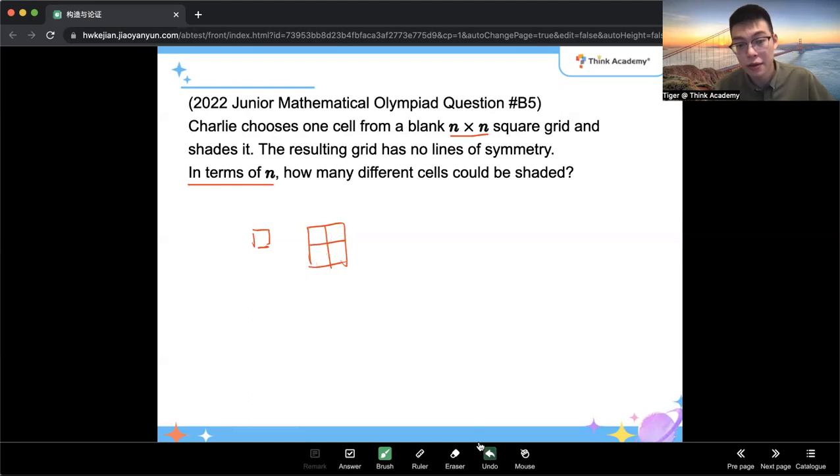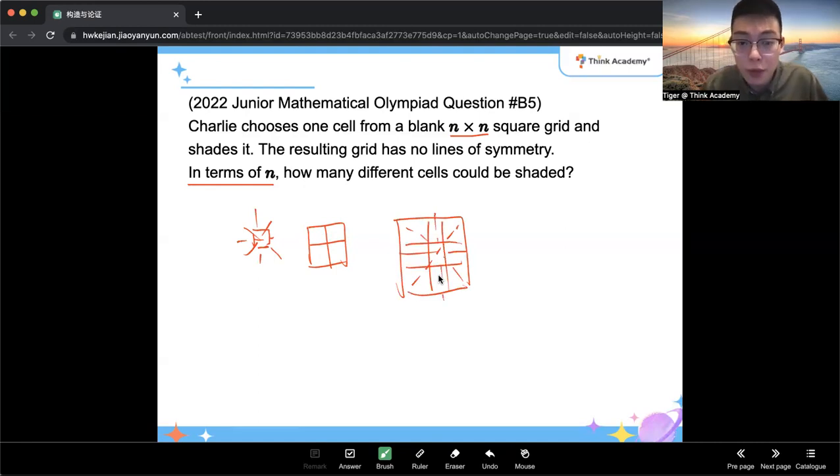If I shade this one, the same, it's just rotating it. So for the four of them, I can't shade it because the diagonals are having the lines of symmetry there. We know that a square has 4 lines of symmetry, and I can't fill in any of these boxes. What about the 3 by 3 one? Well, the lines of symmetry go all the way through, which means any box I shade, there will be a line of symmetry.